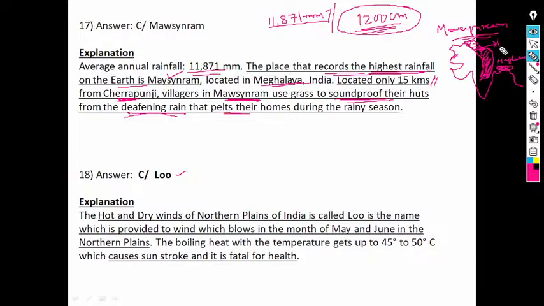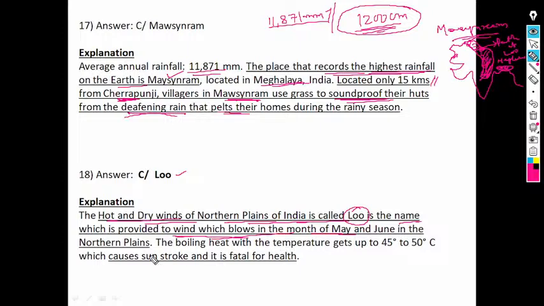This is the path of Lu. The hot and dry winds of the northern plains of India are called Lu, the name given to the wind which blows in the months of May and June, particularly in the northern plains.